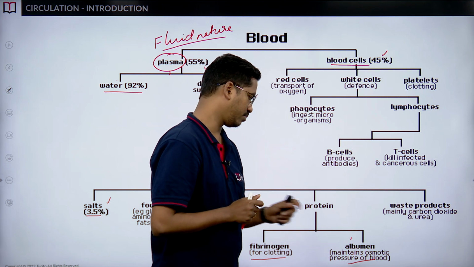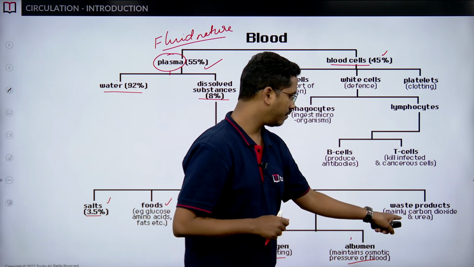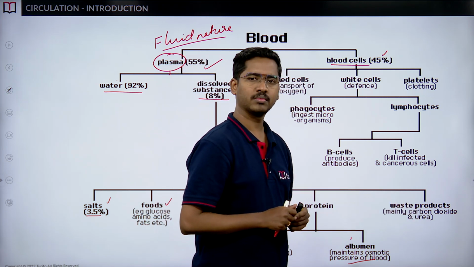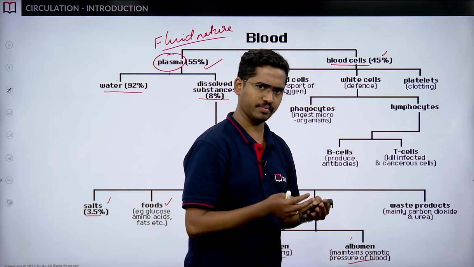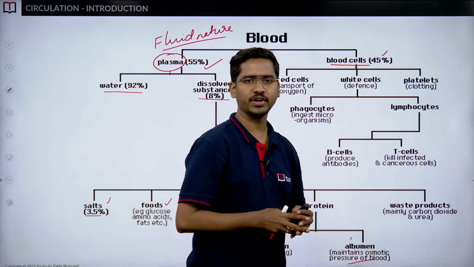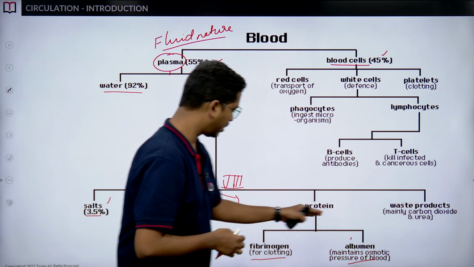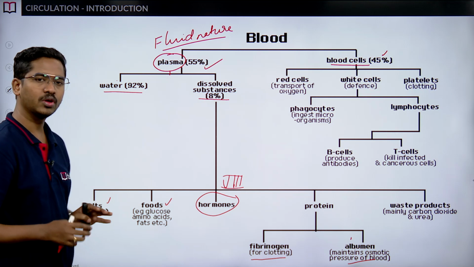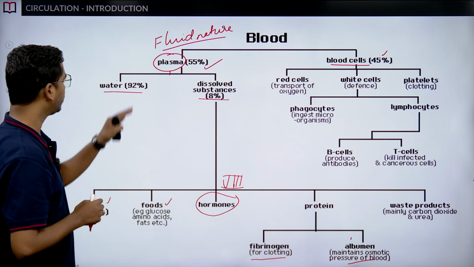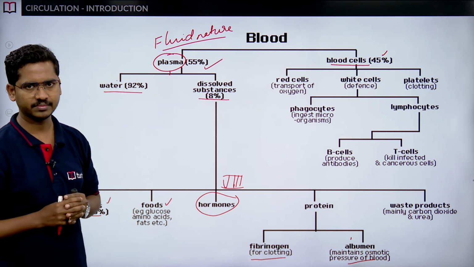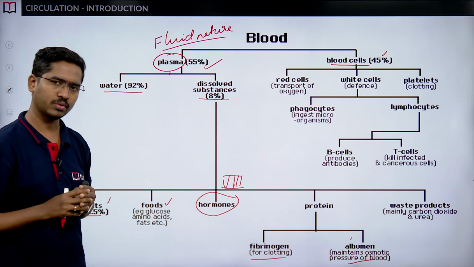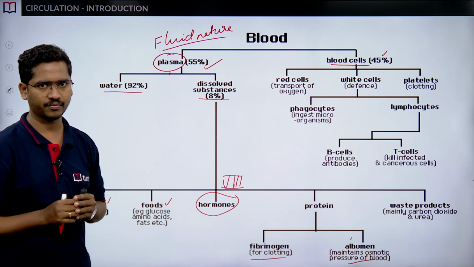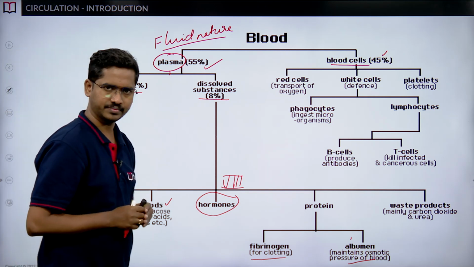And then we have waste products: carbon dioxide, urea, dead cells. These are the different substances present in the plasma. This is all for the plasma, which accounts for 55% of the blood.